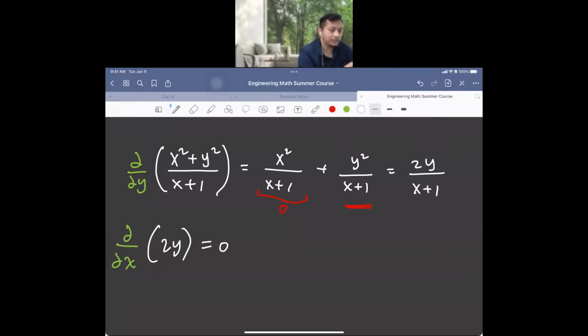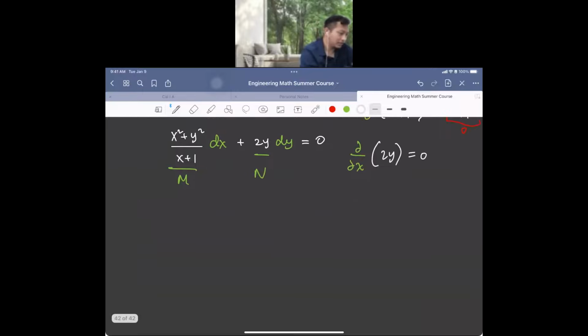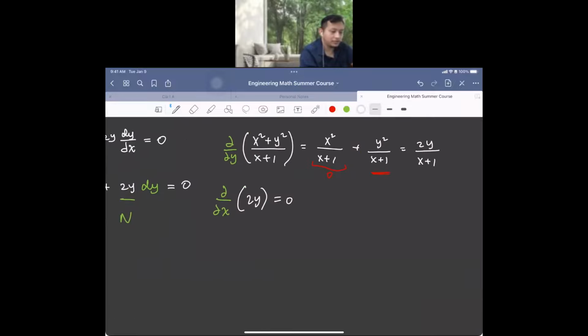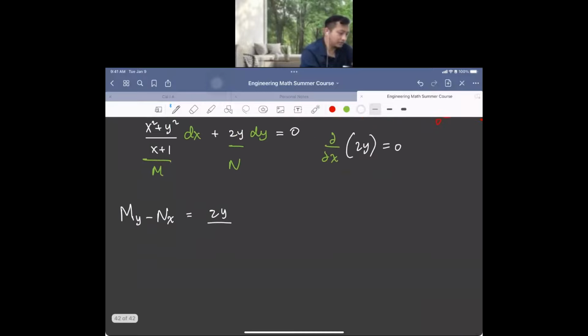Now it's not exact, right? It's not exact because it's not the same. But we can find the integrating factor to find out how this almost exact equation becomes exact. So we take My minus Nx, and we simply write the equation itself, 2y over x plus 1.